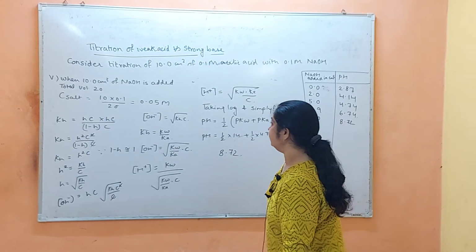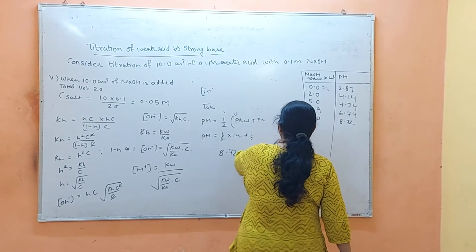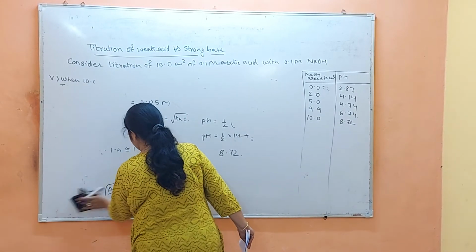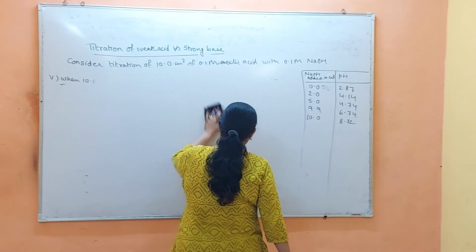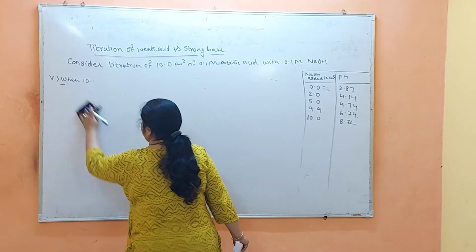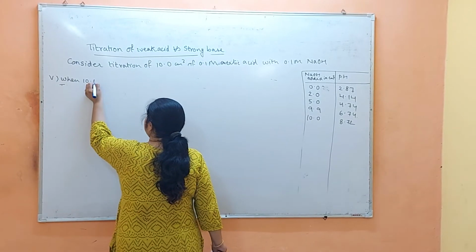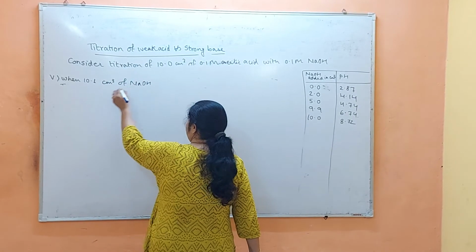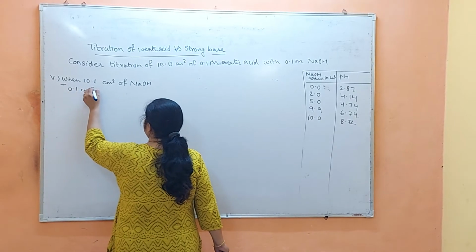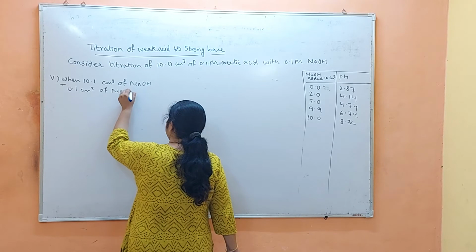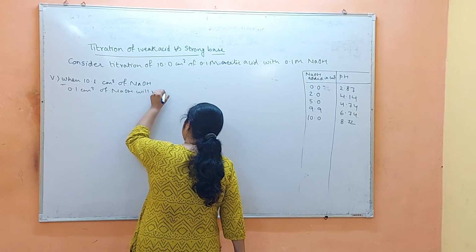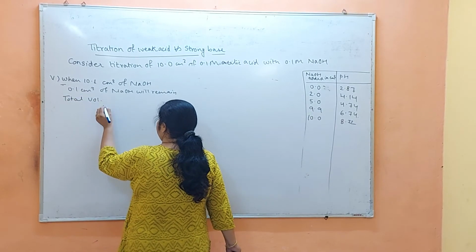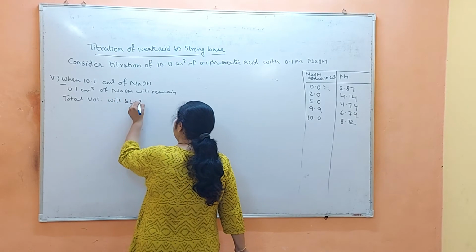Now suppose in the next step when we add 10.1 cm cube of NaOH, 0.1 cm cube of NaOH will remain, and total volume will be 20.1.